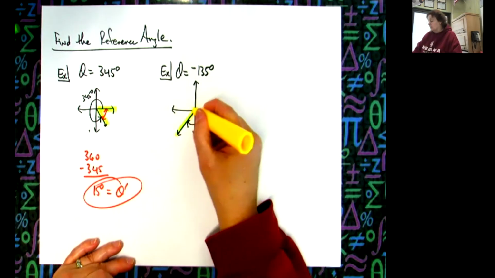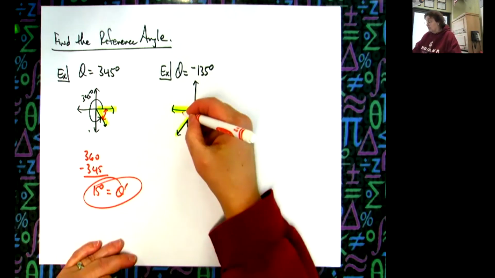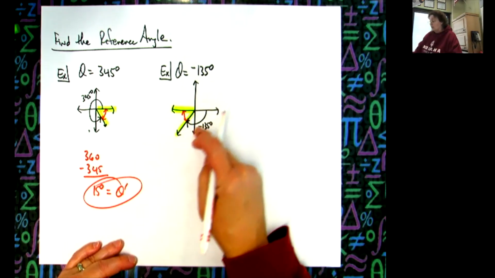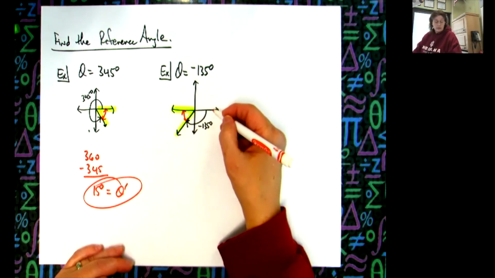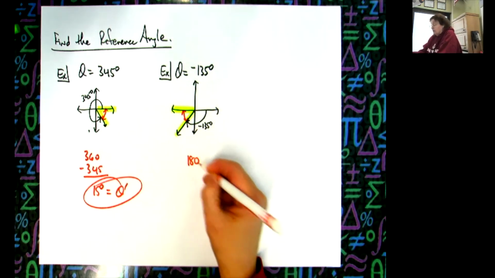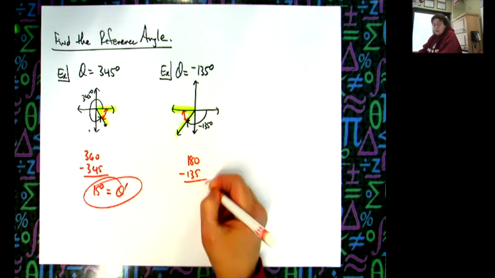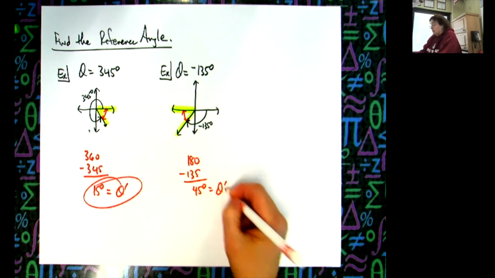Where's the x-axis? X-axis is right there. So this time I'm looking for just this amount. Well, what am I referencing here? Really, I'm only dealing with half of my circle, right? So that's 180 degrees. So all I need to do is 180 minus 135 to see what's left over, and that's 45 degrees. So that's going to be my reference angle.